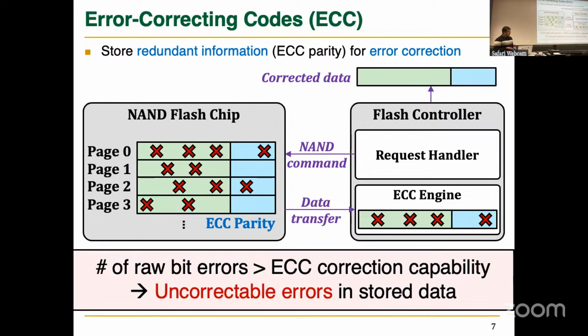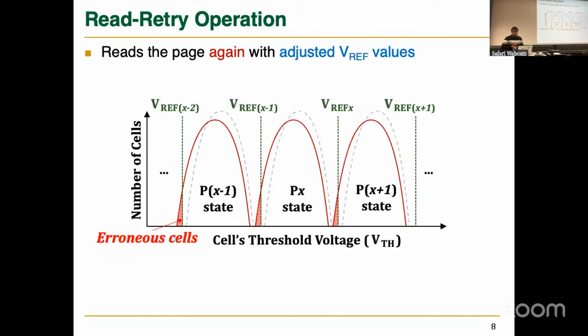If the number of raw bit errors in the page is greater than the correction capability of the ECC engine, then you basically cannot retrieve the data back. These are uncorrectable errors. So where does read-retry come into this whole picture?